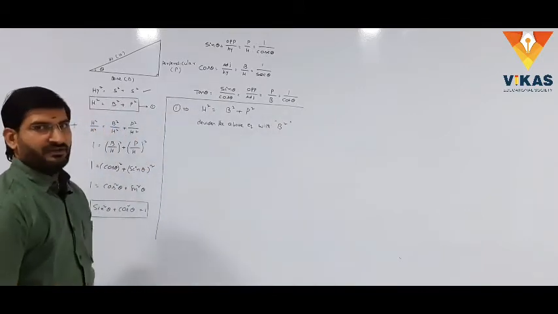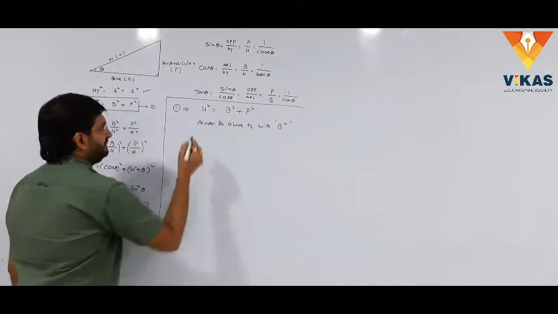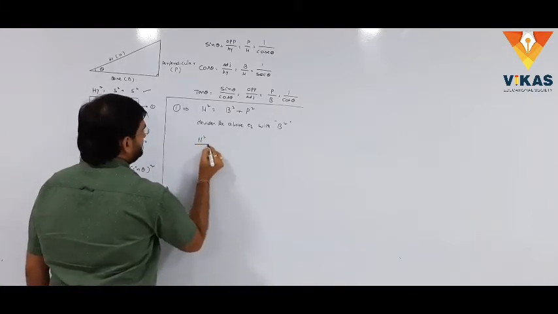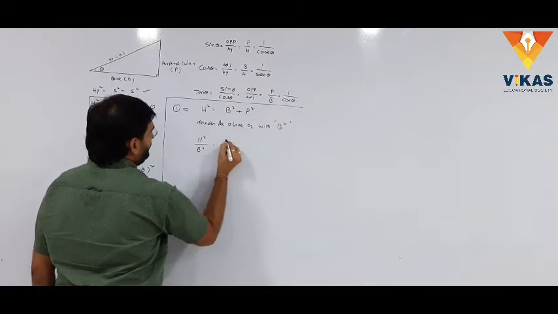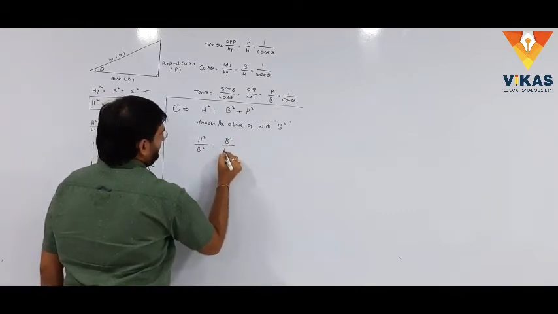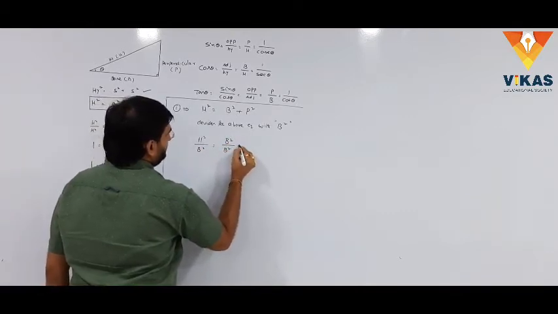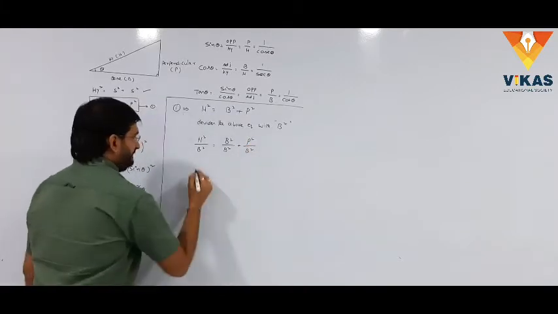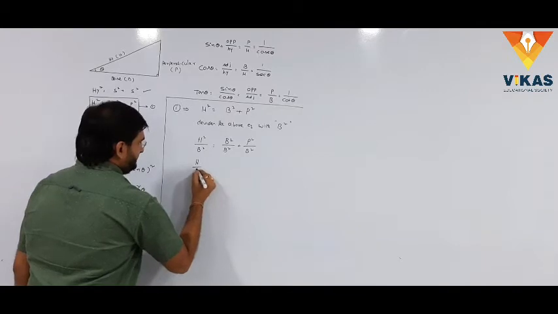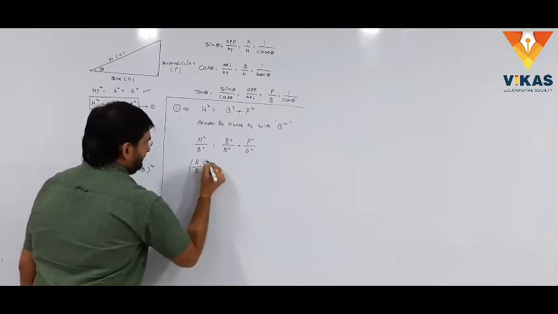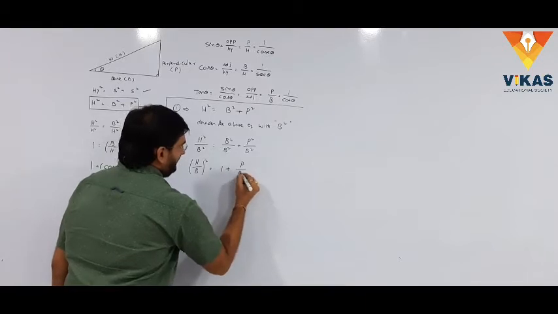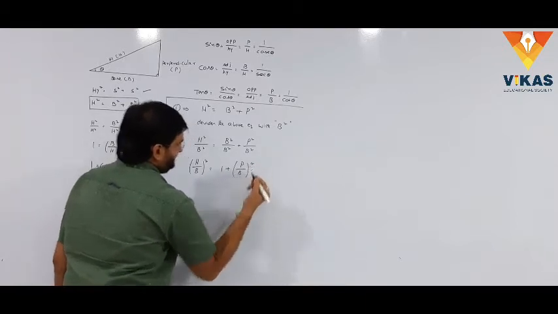Divide the above equation with b square. Simply here h square by b square equal to b square by b square plus p square by b square. Simply this is h by b whole square equal to 1 plus p by b whole square.